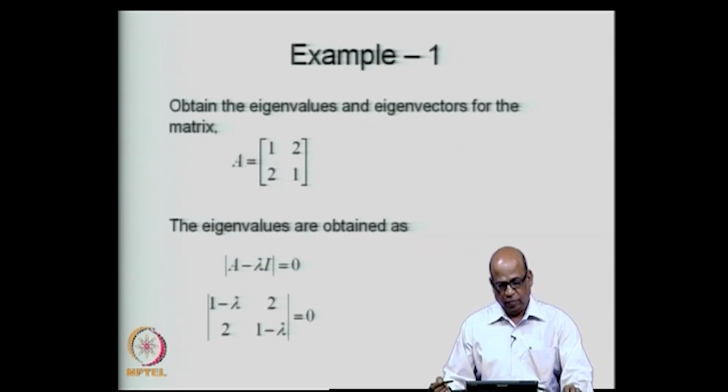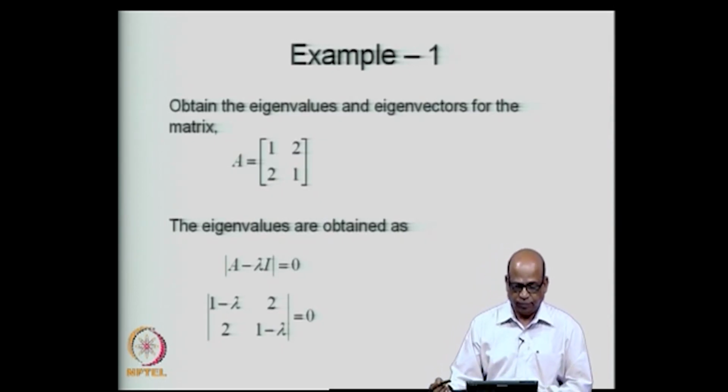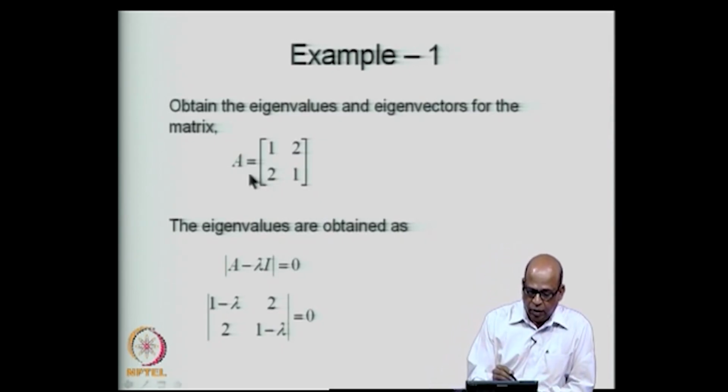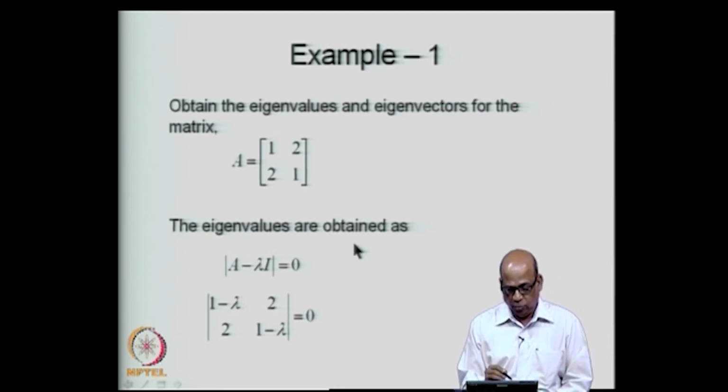So, let us look at one simple example now. Let us say you take a square matrix A, 1 2 2 1, a very simple matrix. We will first obtain the eigenvalues. So, A minus lambda I, where I is the identity matrix, and the determinant of that is equal to 0.